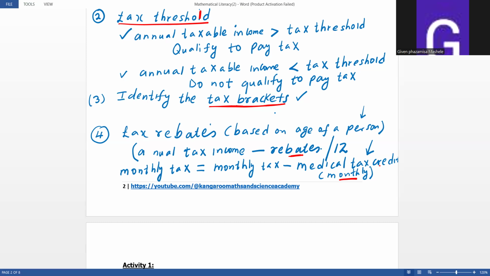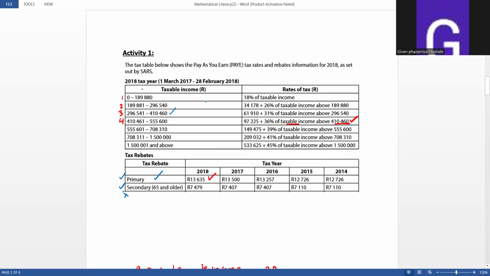If they are 75 or older, they qualify for primary, secondary, and tertiary. After calculating the annual tax, you divide it by 12 and subtract your medical tax credits, and that will give you the monthly tax. Right, this is how you calculate the income tax.